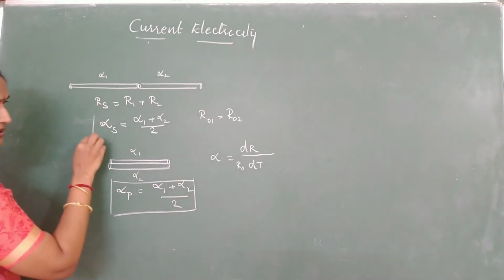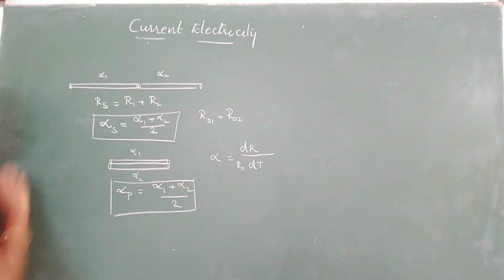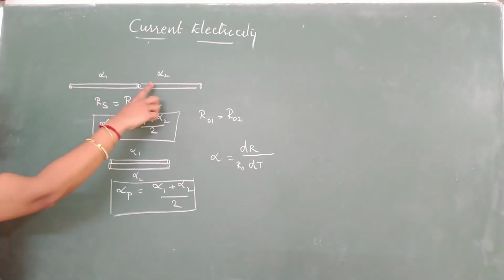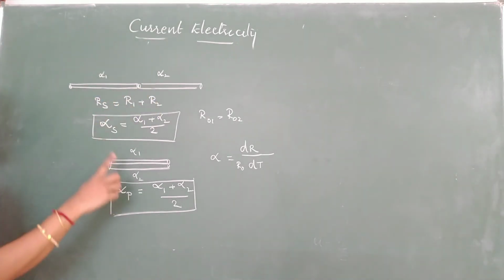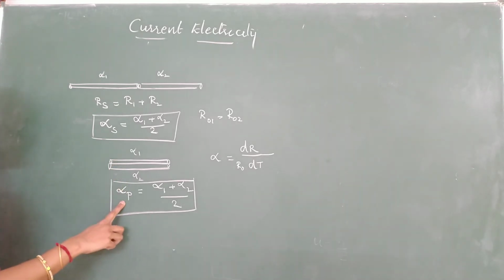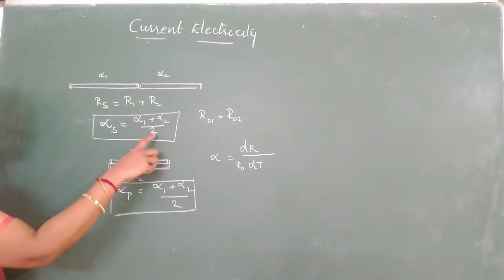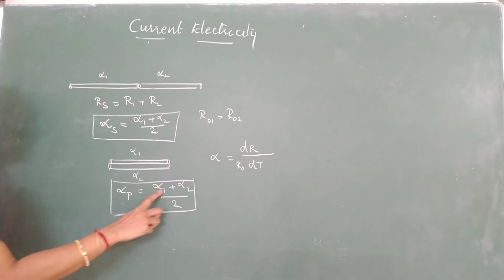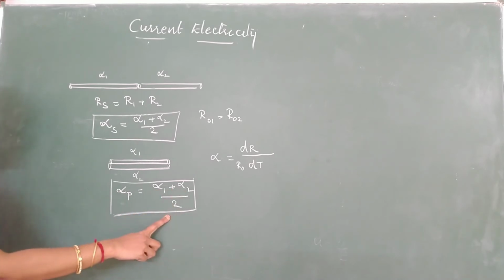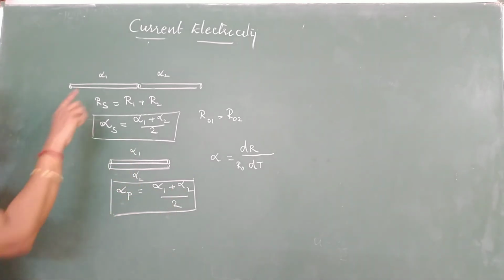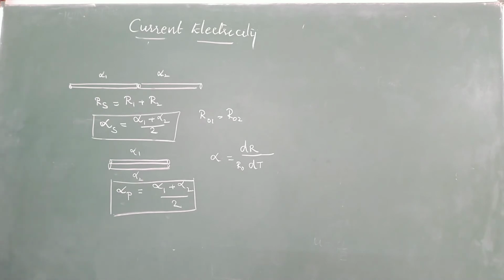I am not showing you the derivation method. Remember this: if they are in series, we get the same answer, and even in parallel, we get the same answer, that is (alpha 1 plus alpha 2) divided by 2. Remember this relation for equivalent temperature coefficient.